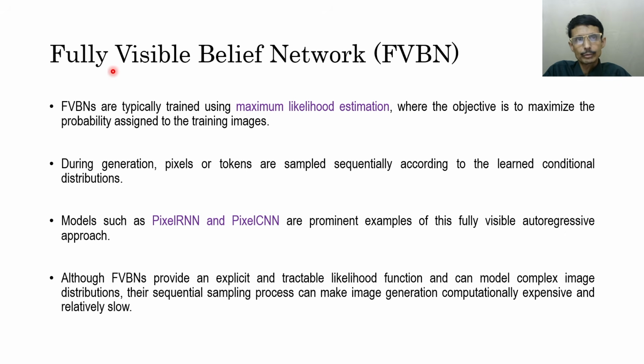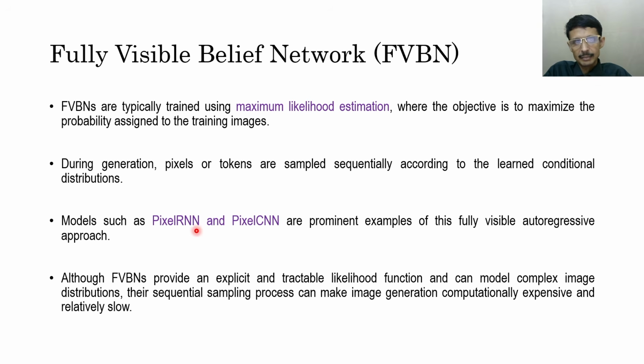Now, a fully visible belief network is typically trained using maximum likelihood. That's what we have seen in the last lecture. The objective is to maximize the probability assigned to the training data. During generation, pixels or tokens are sampled sequentially according to the learned conditional distribution. That's what we saw on the last slide.